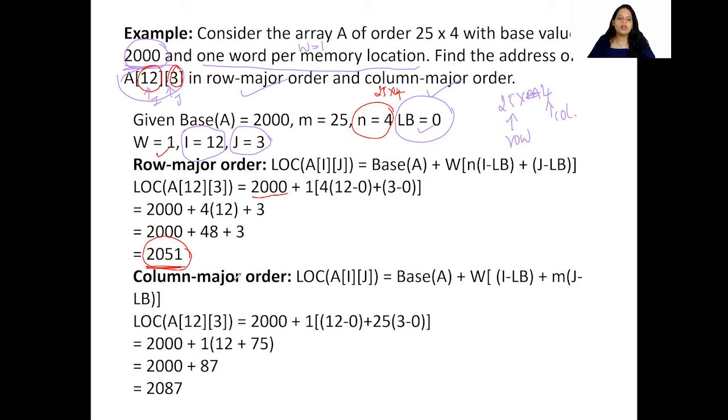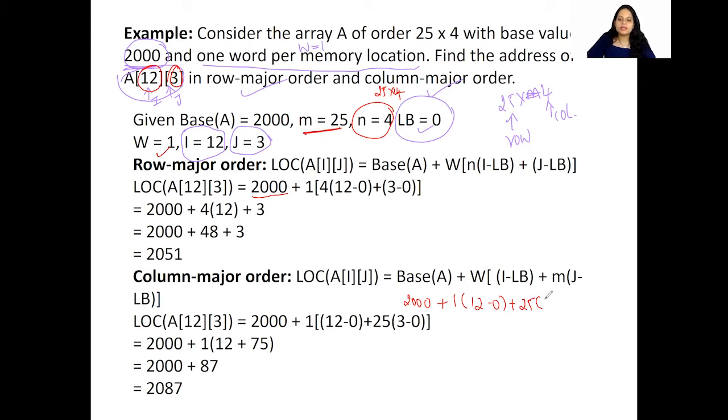Now what happens in column major order? This is the formula. Base is 2000 plus word is 1 into I value, 12 minus 0, plus m value, which is 25, into J minus LB, where J is 3 minus 0. How did I get 25? Over here, m is equal to 25.